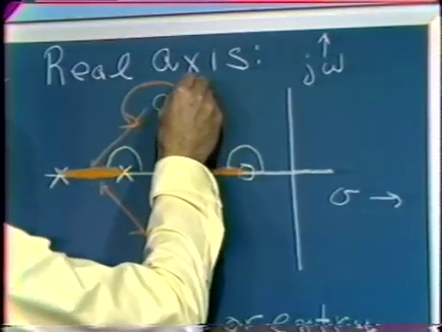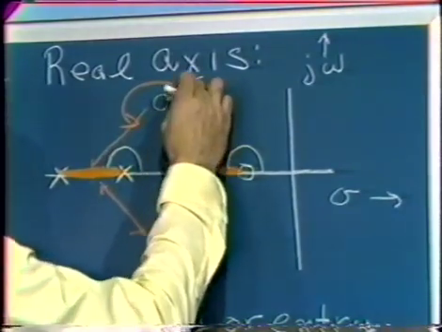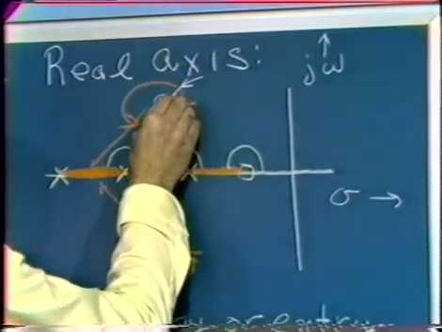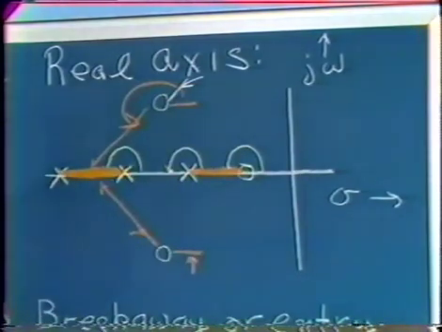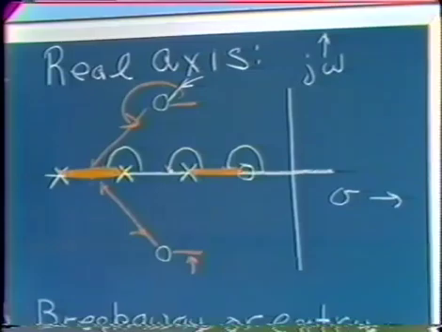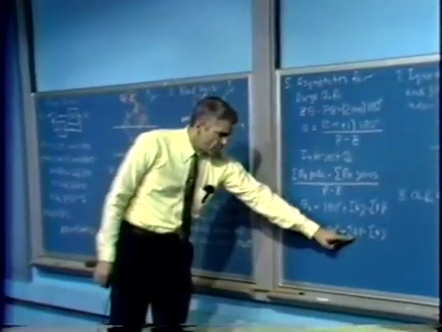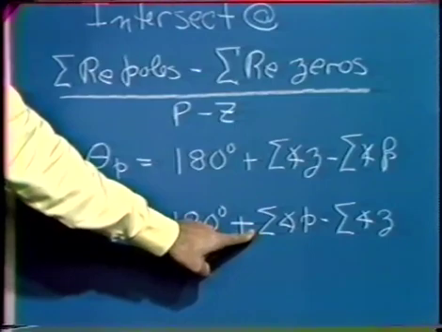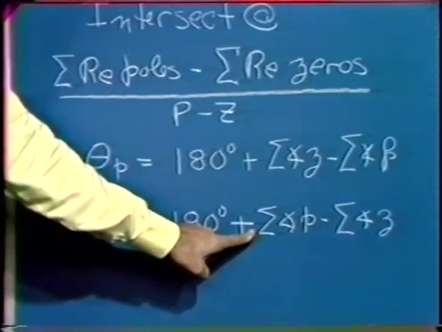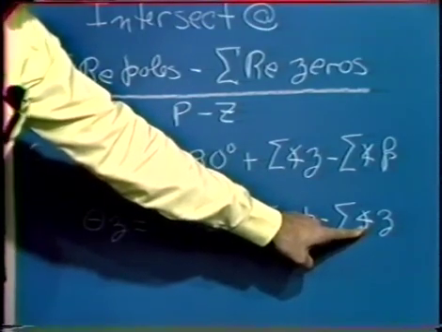And if we were interested in this angle, in other words, the angle that that branch had at the time it enters that zero, we can determine that angle by simply evaluating the angle from all of the poles of g of s, taking the sum of 180 degrees plus the angle from all of the poles of g of s to the zero in question, minus the angle from all of the other zeros of g of s to the zero in question.